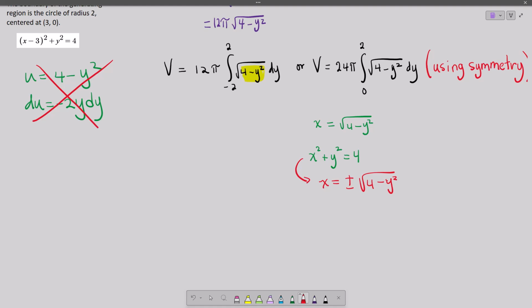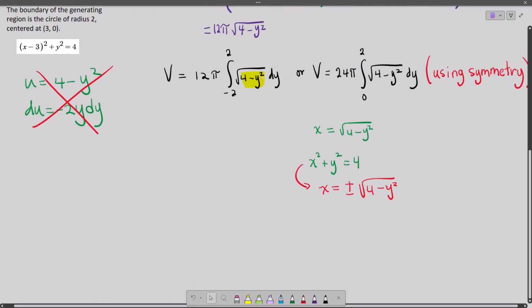If you isolated y, you would get a top half or a bottom half. Y equals a positive square root is the top half, y equals negative square root is the bottom half. X equals positive square root is going to be the right half. X equals negative square root is going to be the left half. So is this the right half or the left half? Right. That's the right half of the circle of radius 2 centered at the origin.